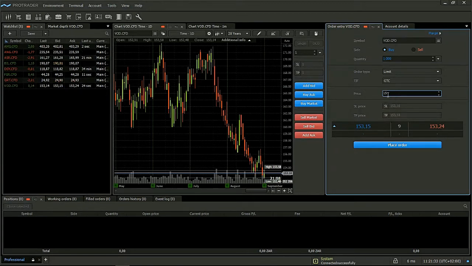I want to buy the shares for 150 Rand. I can add that in, but the share price will then have to decrease to 150 Rand before I will get the shares. If the price carries on going up from 153 up to 155, 160 and never went down to 150, I would not have gotten those shares. So that is the difference between market and limit.